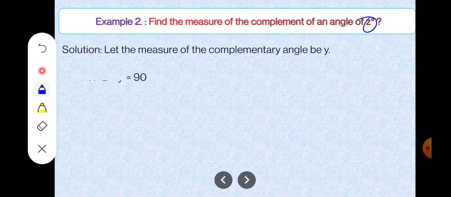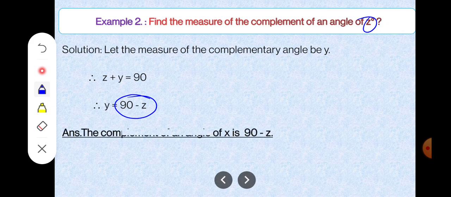So y plus z, or z plus y, is equal to 90. As we are finding another angle, we will write first that y is equal to 90 minus z. So the complement of z degrees is 90 minus z. That's it, it's your answer.